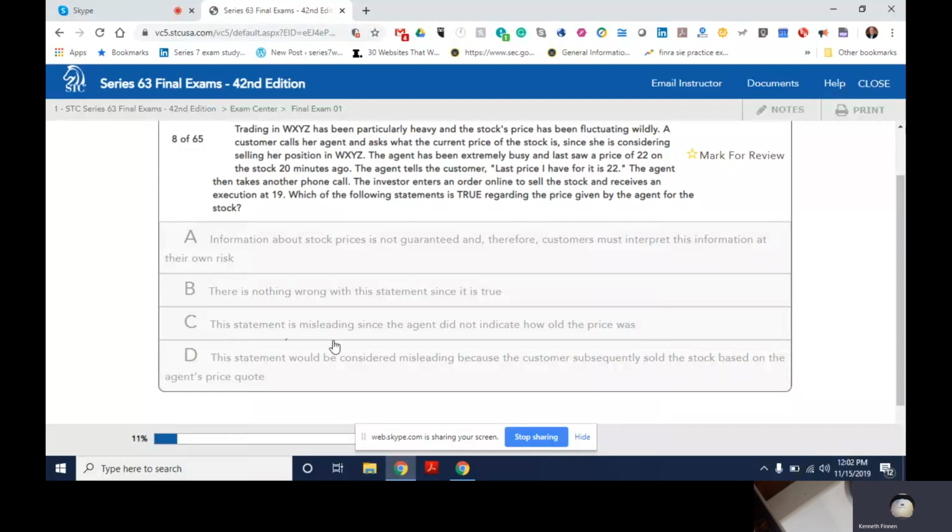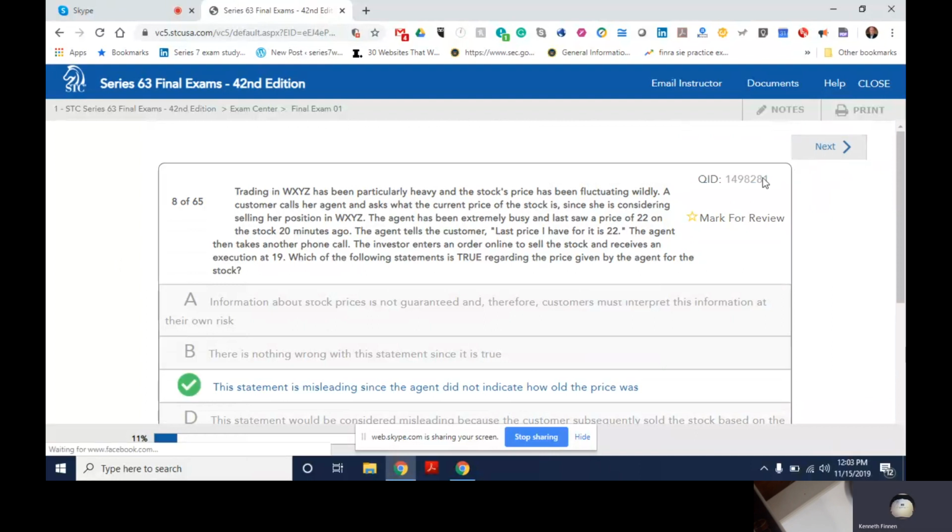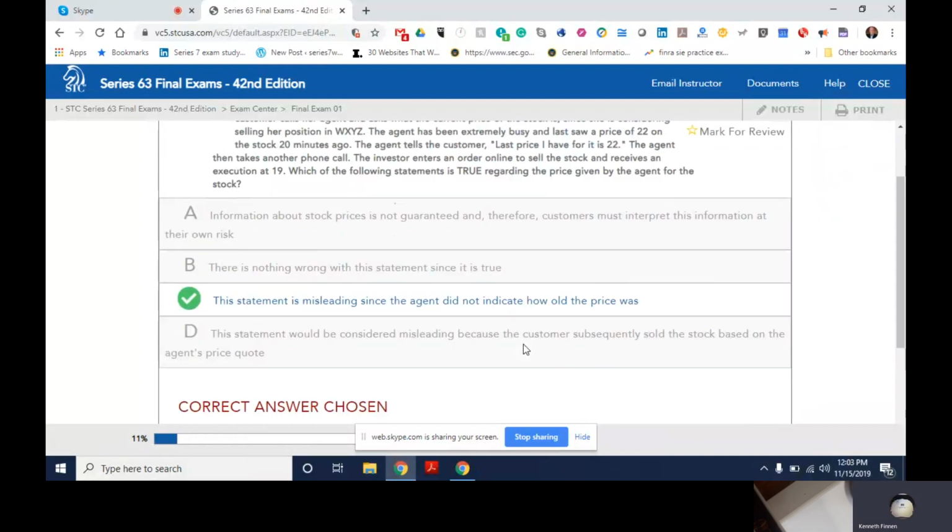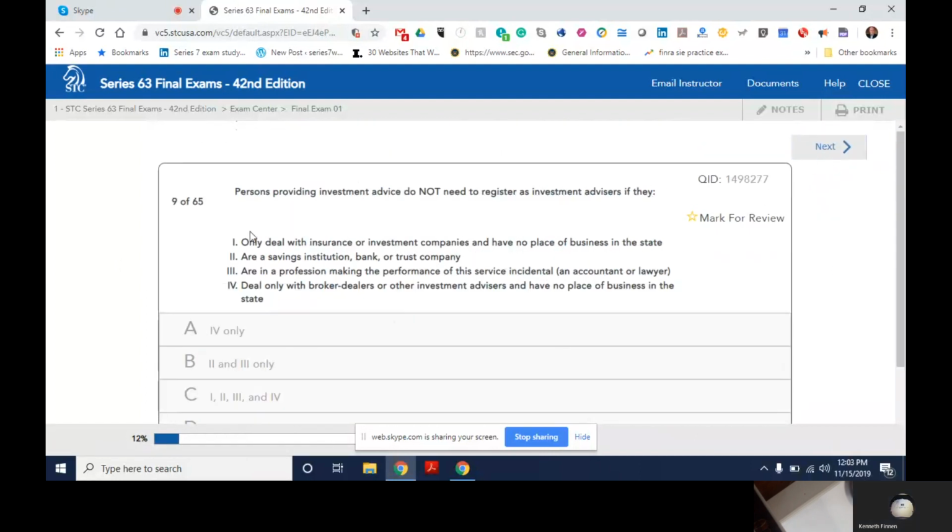They didn't indicate that it was from 20 minutes ago. This statement would be considered misleading because the customer subsequently sold the stock based on the agent's quote. Okay. Now, if they say it's D, I'll be pissed, but it's not misleading because they sold. It's misleading because the person didn't tell them that it was old. You have to give current quotes.